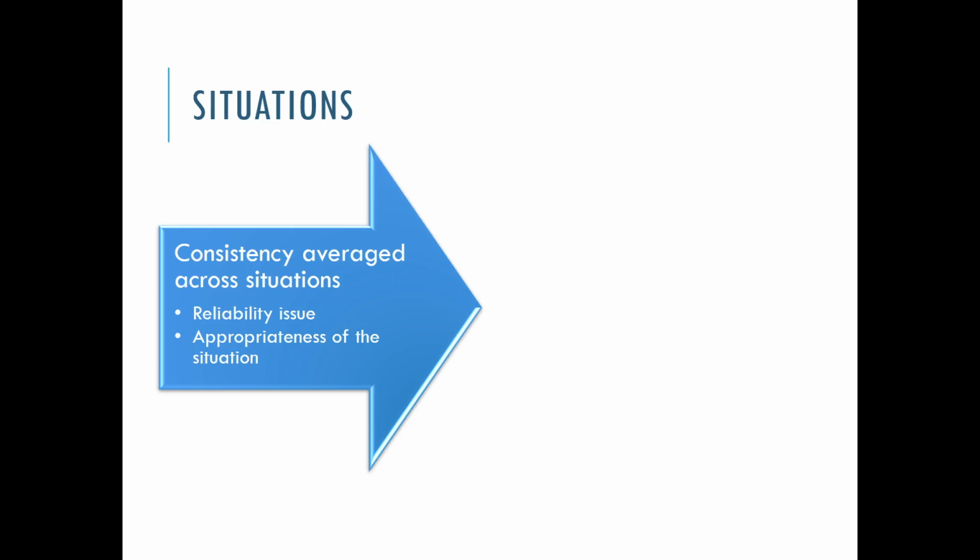And then the other thing we have to worry about when we use consistency across situations as our way of establishing consistency of behavior or personality is whether each situation is really similar to the other, right? If I compare your behavior in class in high school to your behavior in class in college, we might say, well, they're both classroom situations, and let's just assume they're both face-to-face experiences.